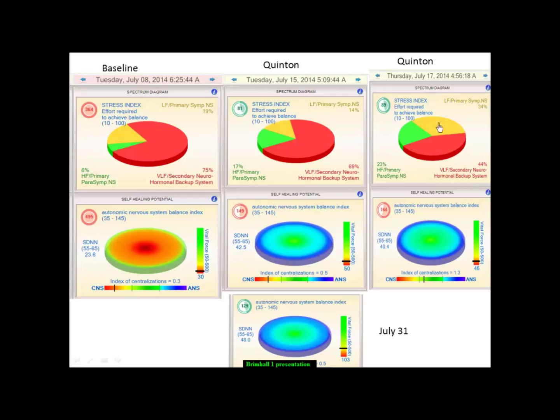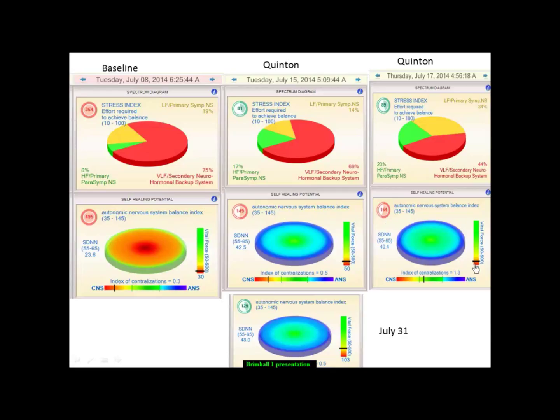We can see the autonomic nervous system is starting to increase, which we want to see between the sympathetic and the parasympathetic. We can see that the autonomic nervous system index balance is much better than the original one. Not as good as here, but the body is changing to a better situation. It's still a little bit over, but much better than the original baseline.